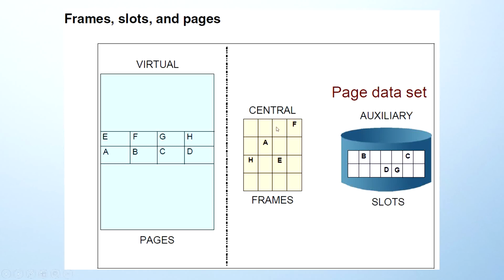But if a user tries to access blocks like B, C, D, and G, a page fault happens, because the system first searches the real storage and those blocks are not present. Then it fetches them from the page data set, brings them back to real storage, and provides them to the user. All this process is transparent to the user, but this is how it works internally.